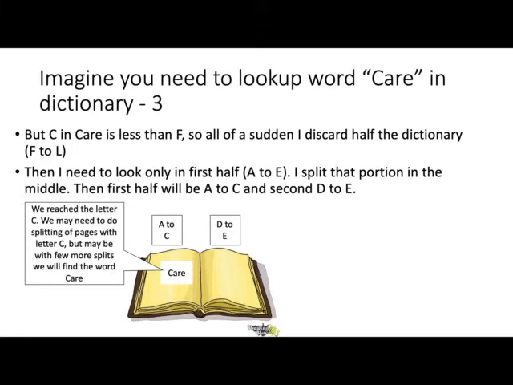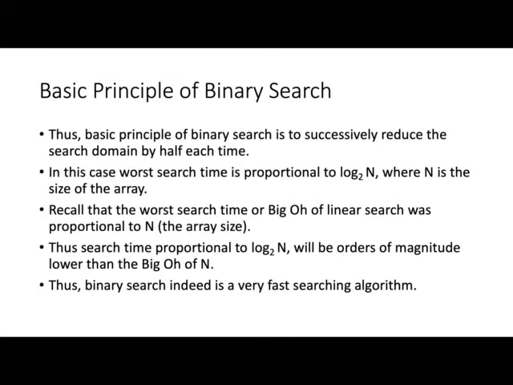So this is the basic principle of binary search, to successively reduce the search domain by half each time. In this case, worst search time is proportional to log to the base 2 of n. This is not log base 10, log to the base 2, where n is the size of the array.